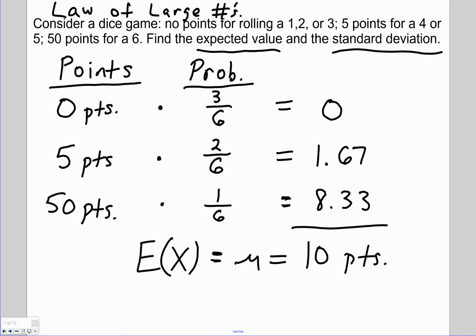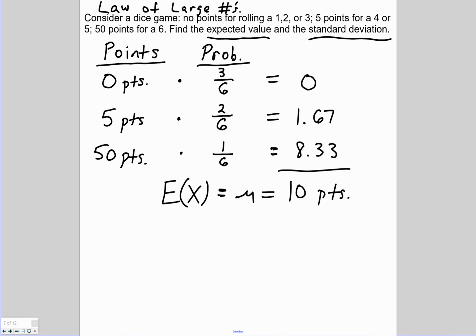Any questions on finding the expected value? Are we good? Now, let's find the standard deviation. I told you guys when we find the standard deviation, we're always going to work with finding the variance. Now, here's how you find the variance. What is the first amount of points that I could earn that was in our kind of pseudo table up there? 0.